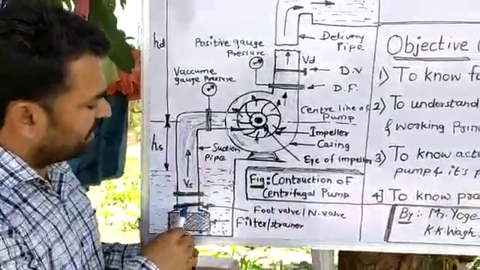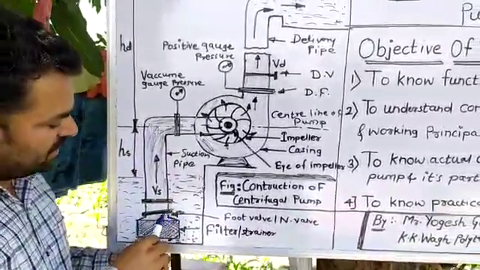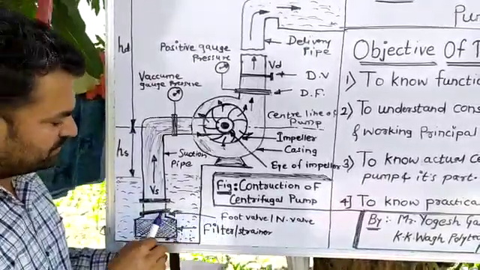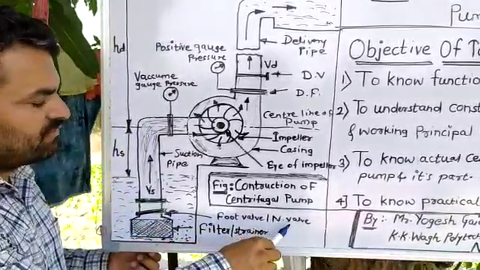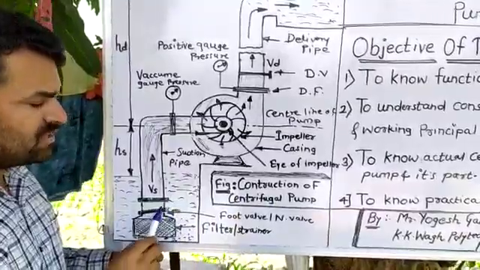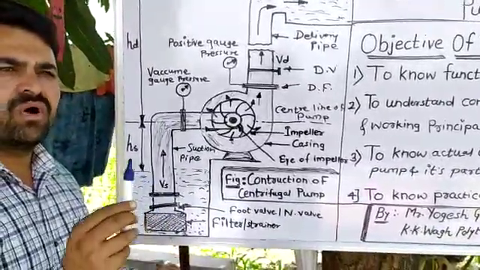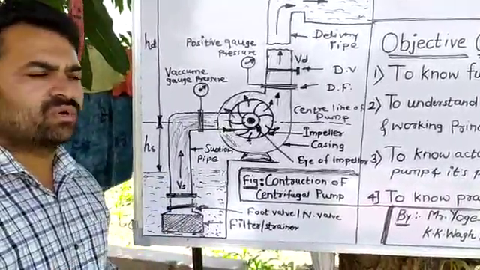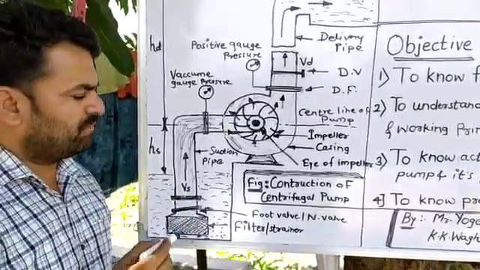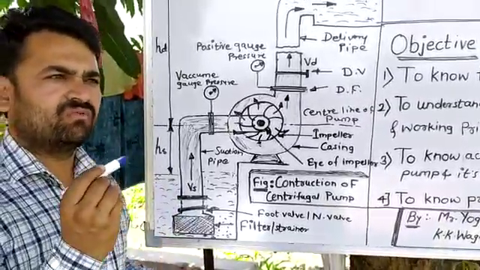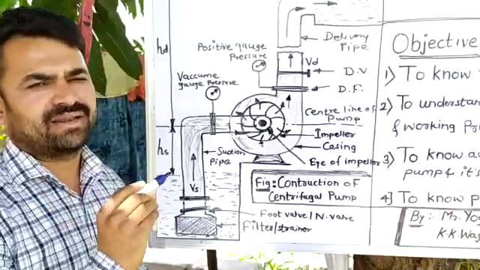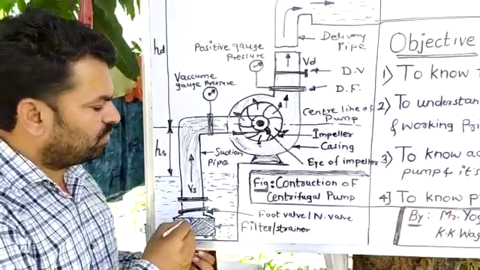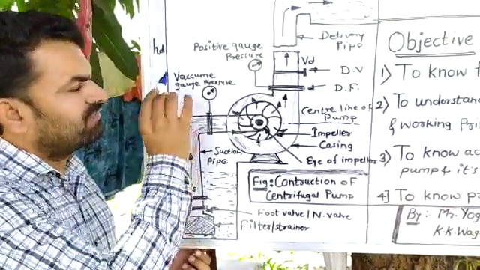This is a suction pipe, but here is one more part, that is the foot valve, or we can say non-return valve. So what is the function of the non-return valve? It plays a very important role in the centrifugal pump because it allows the water to flow only in one direction, from bottom to the top level.